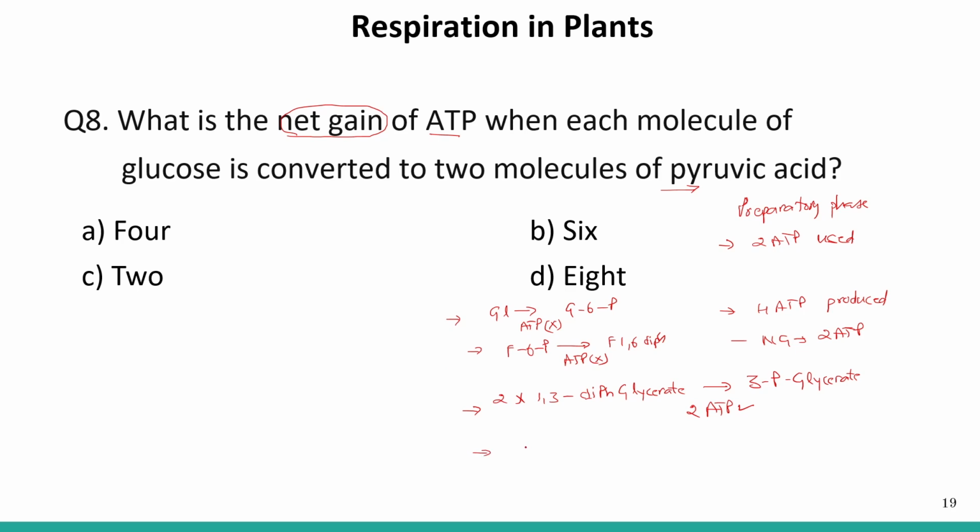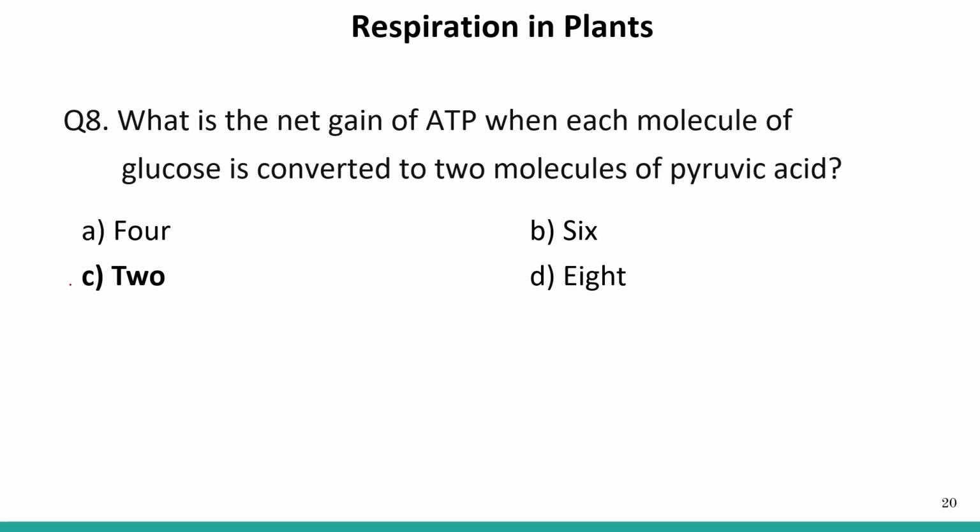And later, when phosphoenol pyruvate is converted into pyruvate, again 2 ATP are produced, because there are 2 molecules of phosphoenol pyruvate. So in total 4 ATP are produced and 2 ATP were consumed. So the net gain is 2 ATP.